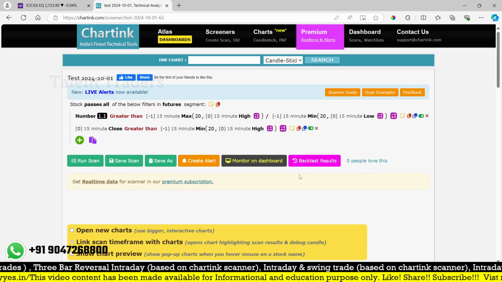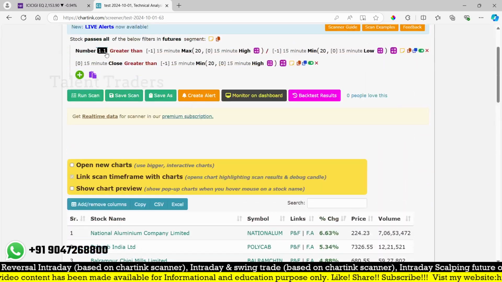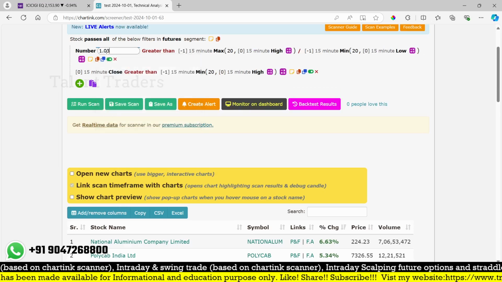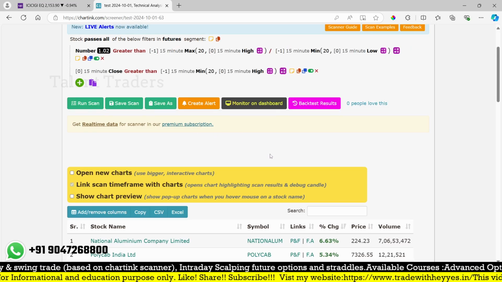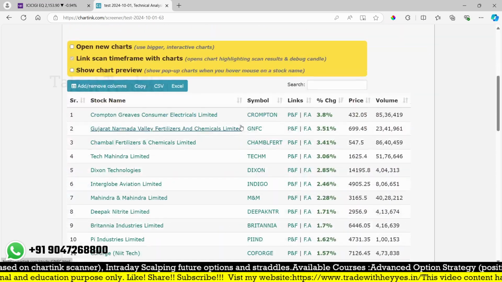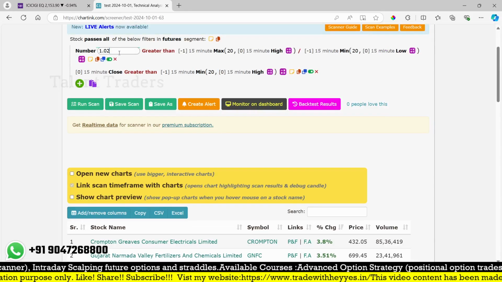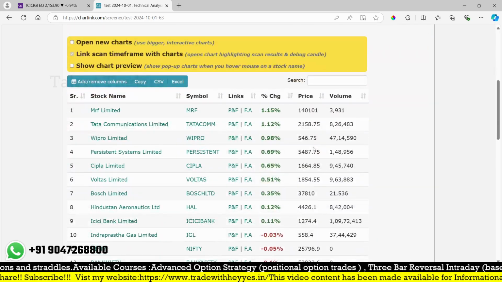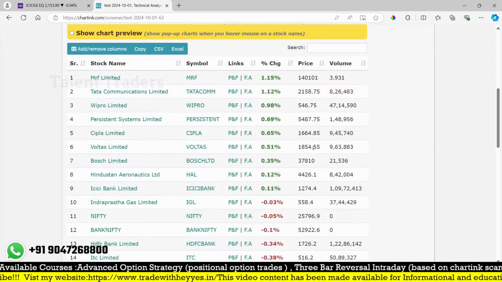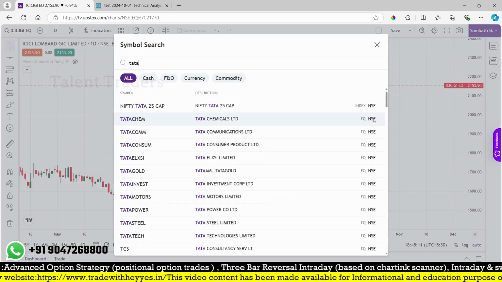Okay. So let me go for, sorry, it is about 1%. So not 1%, 0.2%, 0.1%, or 0.2%. That may be 2%. We're getting so many stocks trading. So let me go for 0.1%. So the last 20 candles, the stock which is trading within 0.1%. So Tata Communications. Let me go for Tata Com.